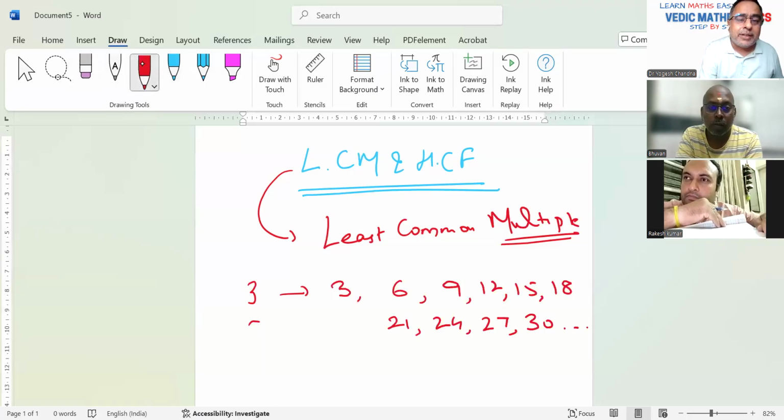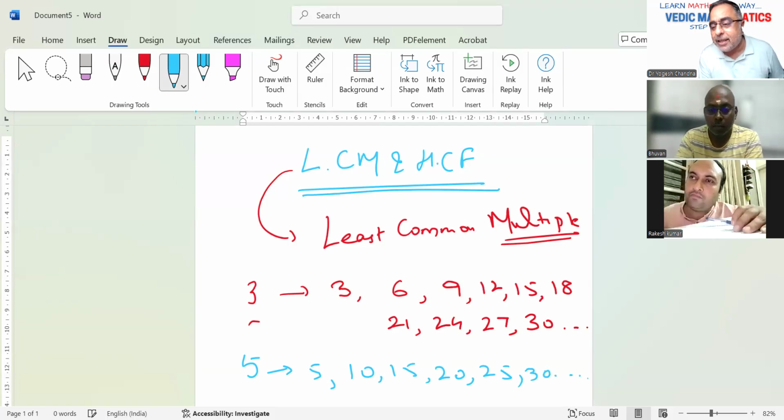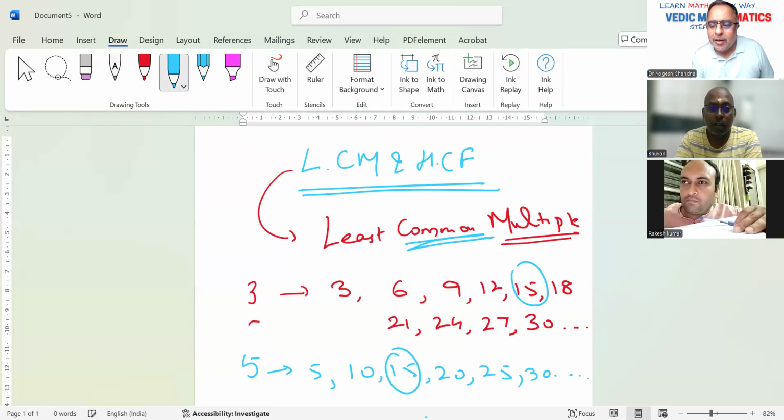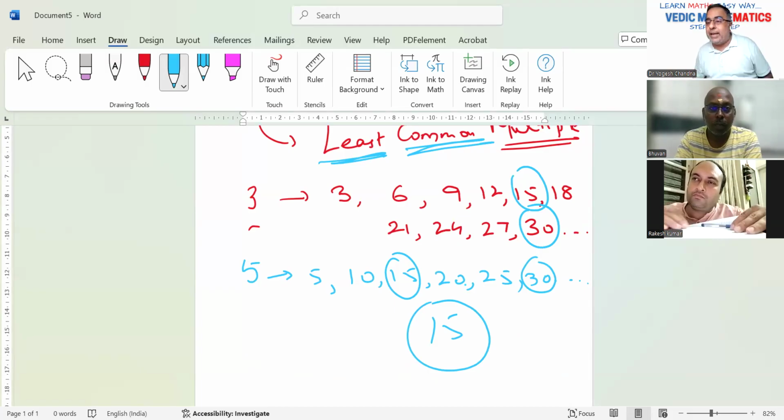Multiples of 5 are 5, 10, 15, 20, 25, 30, 35, and so on. Now, what do we have common? We have 15 as common. We have 30 as common. But we want the least. So least is obviously 15. So 15 is our least common multiple. Clear now?